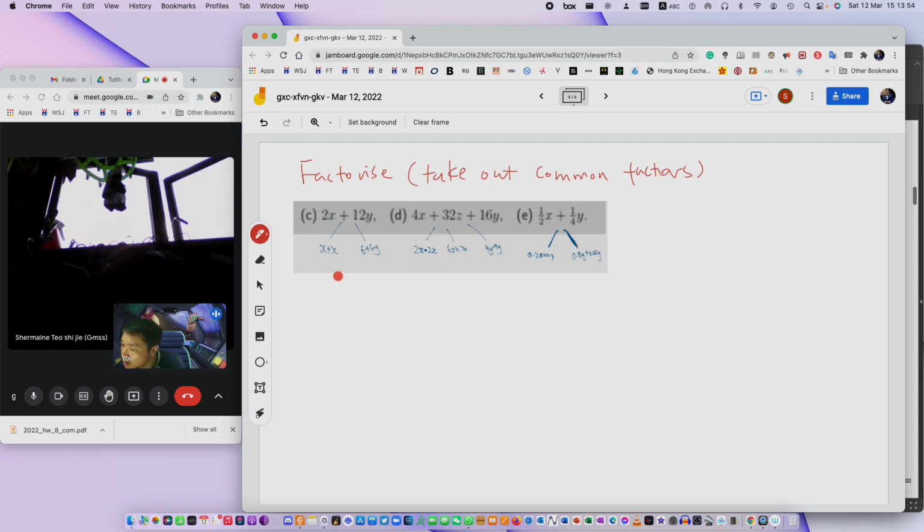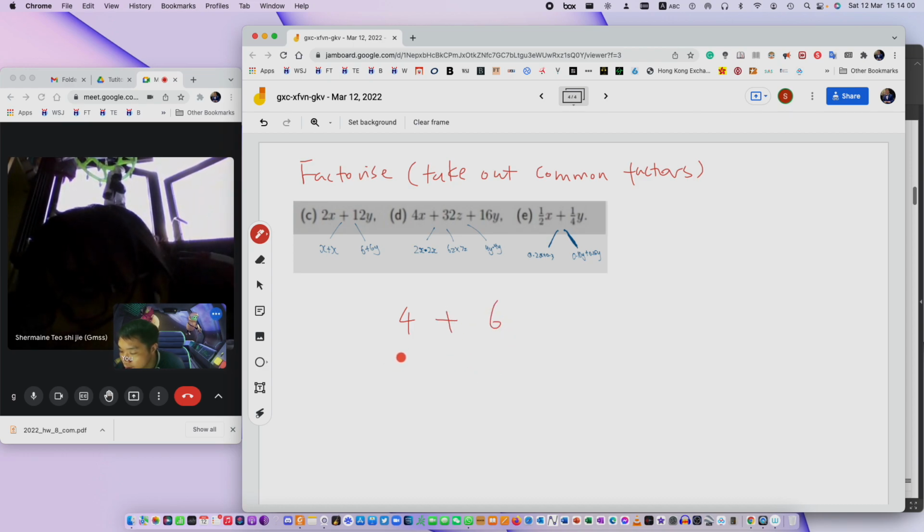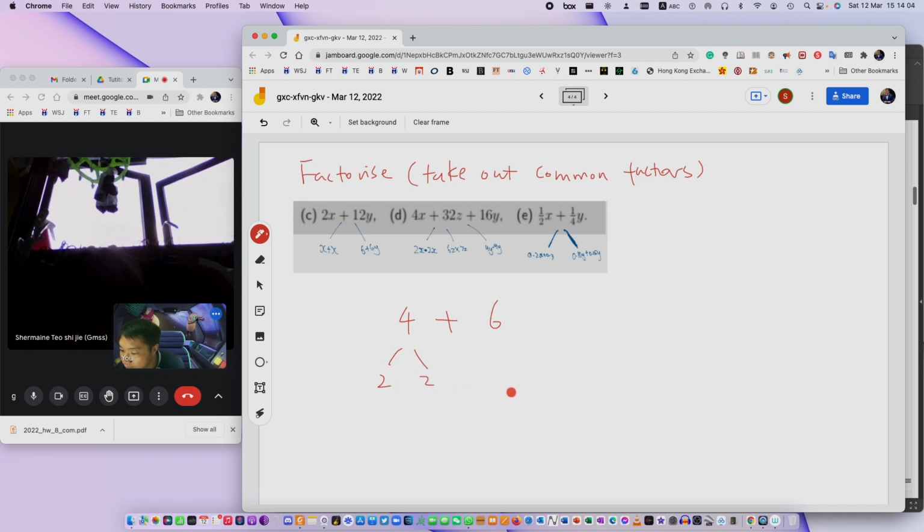So let's not talk about these questions first. Let's talk about this first. 4 plus 6. So for the 4 you can split to 2 times 2, right? For the 6 you can split to 2 times 3. Now look at this.